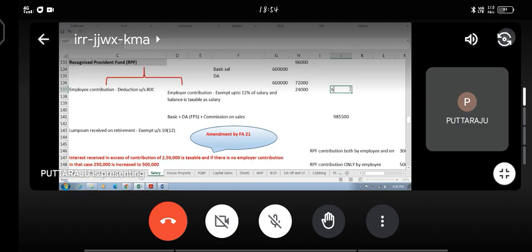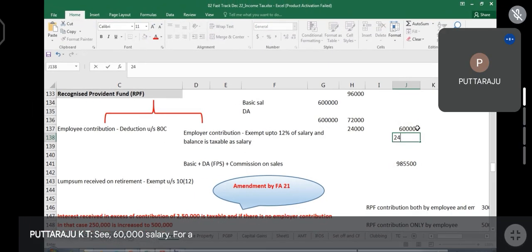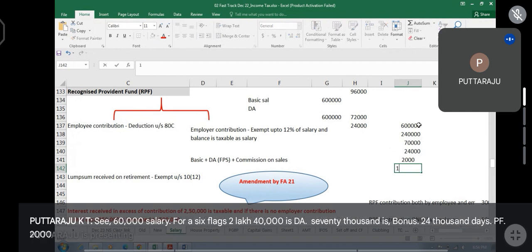See, 6 lakhs salary, 2 lakh 40,000 is DA, 70,000 is bonus, 24,000 is PF, 2,000 is professional tax, 12,000 is motor car, 948.